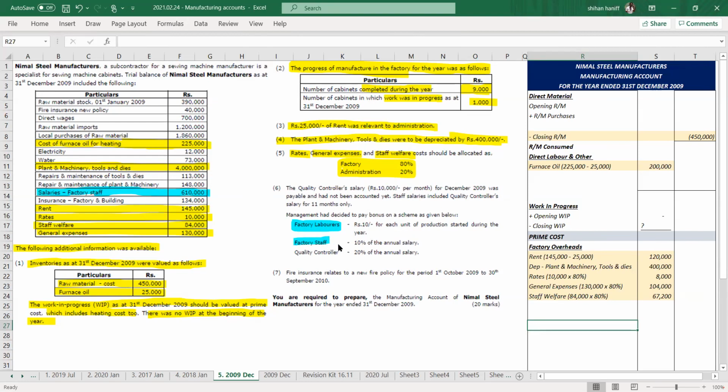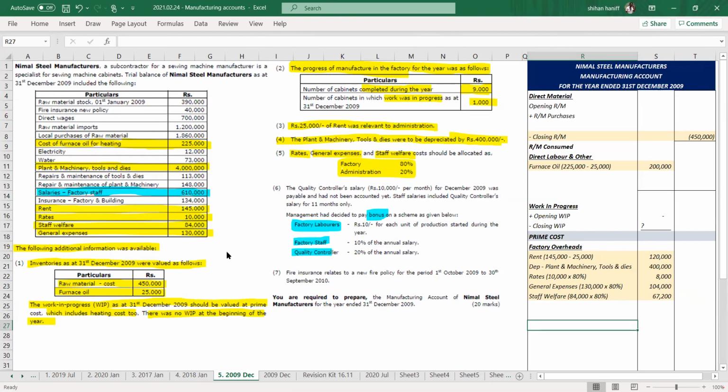Then for factory staff, 10% of the annual salary. Quality controller, 20% of the annual salary. I'll give you a few minutes. Can you all tell me the bonus? How much is the bonus for each type of staff? How much now for factory labors? I already told it's 100,000, 10,000 units into 10 rupees, right?